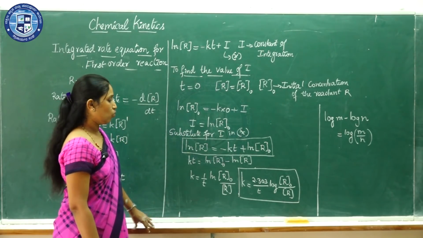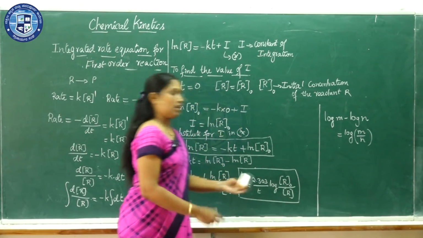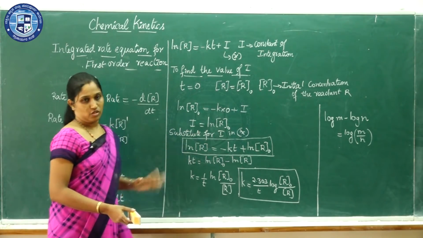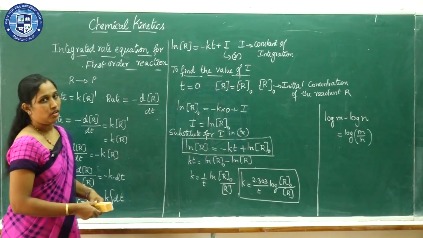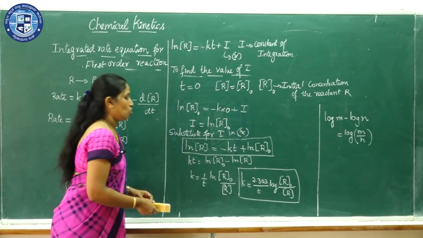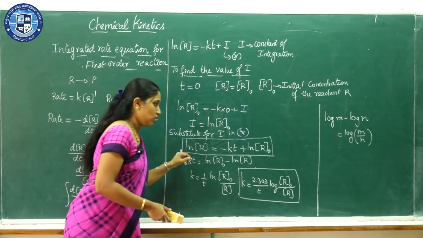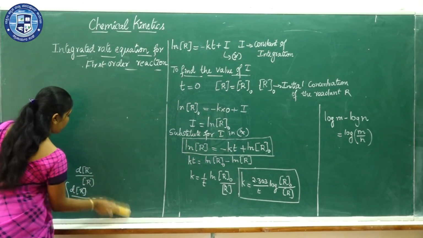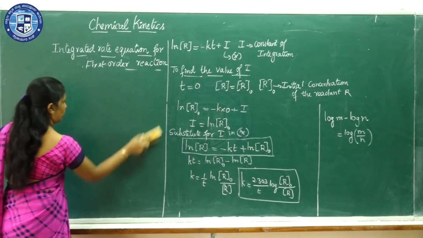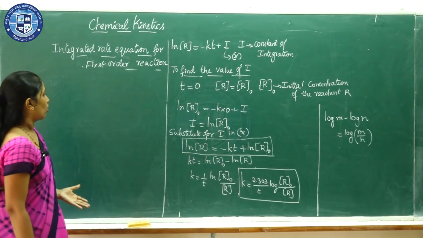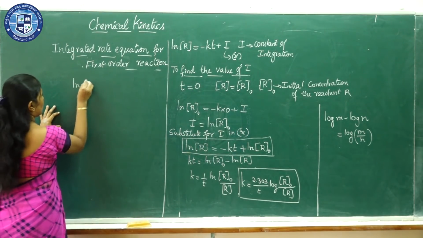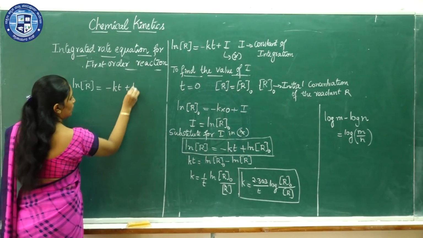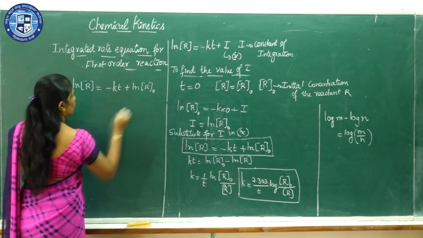Now we will see the different forms of writing this equation, the first order integrated rate equation. I will make use of this equation, and with a bit of rearrangement I will come to the various other forms, the different ways in which you can write it. So I take the equation itself, ln R is equal to minus kT plus ln R naught.